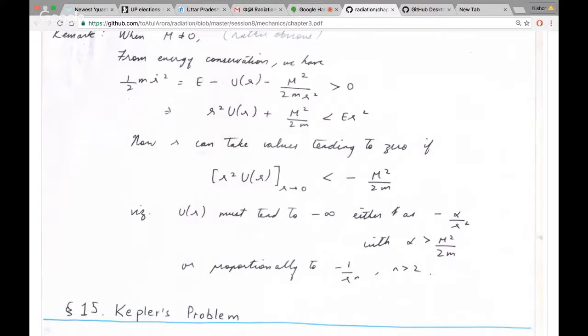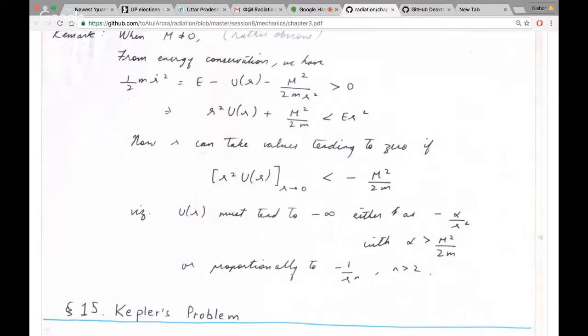You get minus 1 by r^(n-2) in the denominator. Now if n is greater than 2, you will get 1 by r cube or something. As r tends to 0, this entire object will tend to minus infinity, and obviously it will be less than minus M square by 2m, which is a finite number.